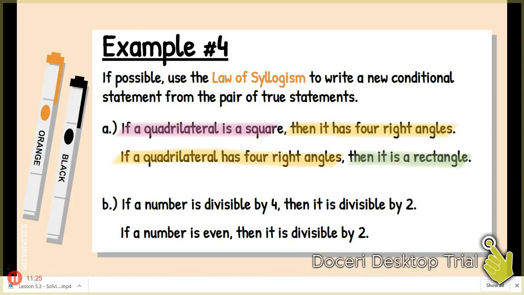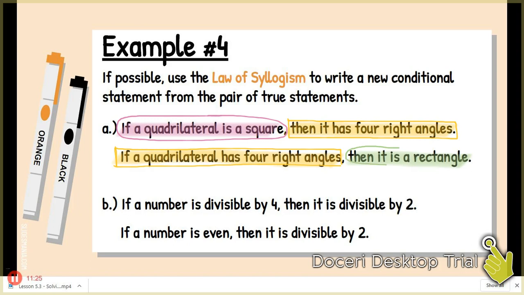So since the conclusion of my first statement matched up with the hypothesis of the second statement, I can now jump from P all the way to R. That is also then a true statement.